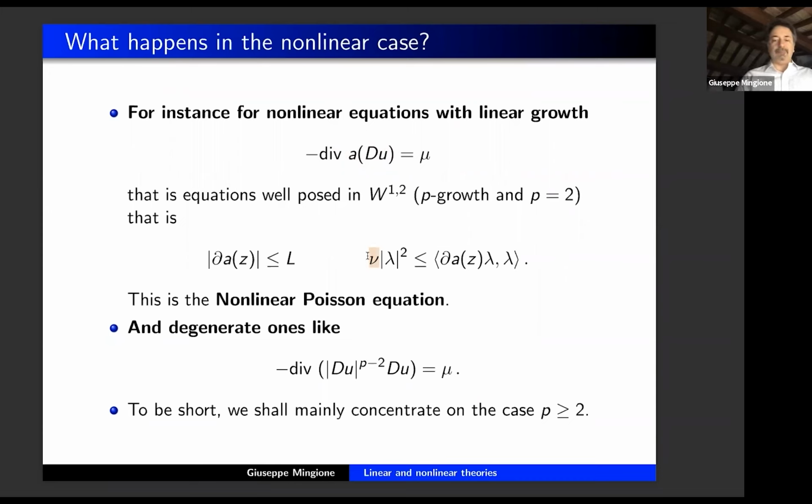And then you wonder if the previous formula or some equivalent versions are still okay. And then you would like to know if the previous things are still okay in the degenerate case, in the p-Laplacian case. And when I'm handling these equations, I'm just restricting, for the sake of simplicity, to the case p larger or equal than 2.